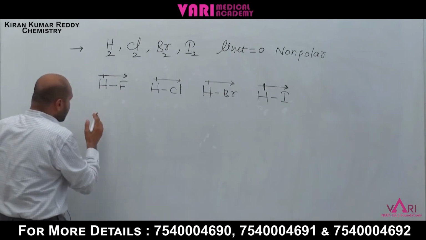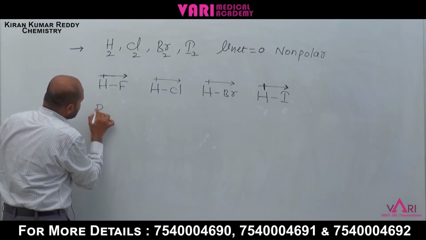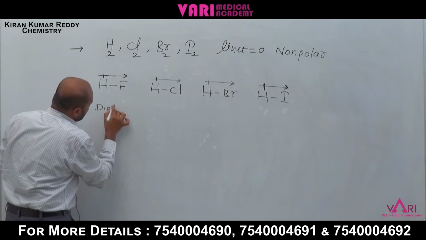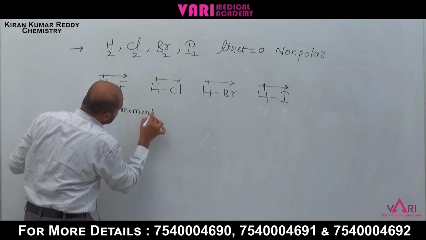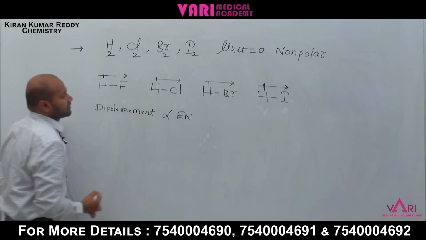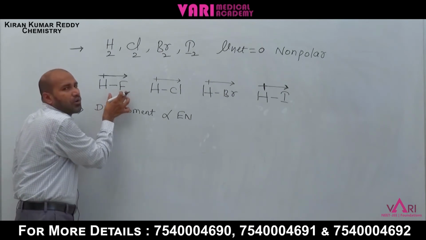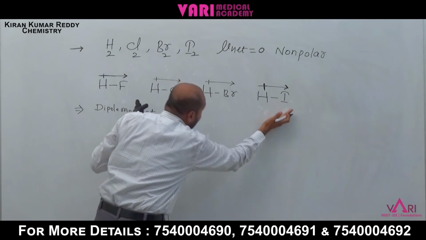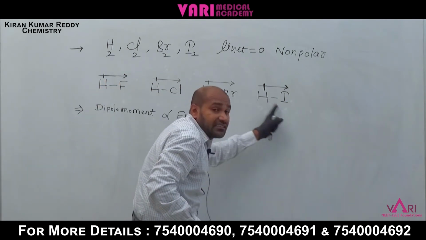Now, which one has the more dipole moment? Dipole moment is directly proportional to the electronegativity of the atom. Fluorine is more electronegative compared to iodine. Which one has the more distance, the bond length? HI has the more distance.